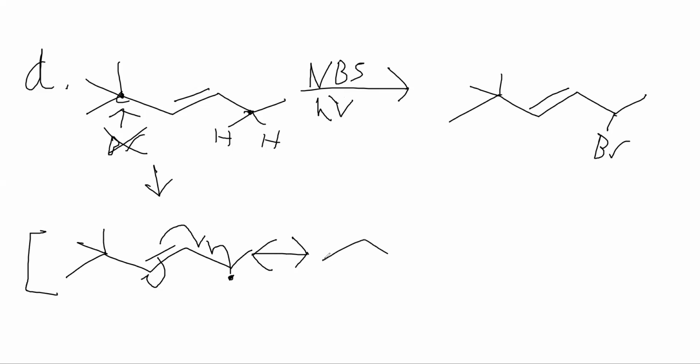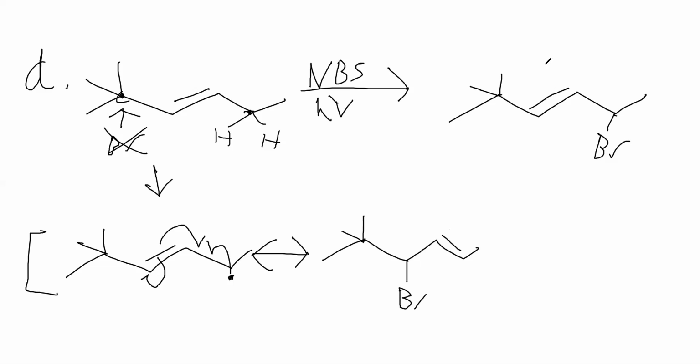And that resonance form puts the double bond here. Nope, that's where it was before. Puts the double bond here and the radical here. And then that will lead to a product with the halogen where the radical is, like this.